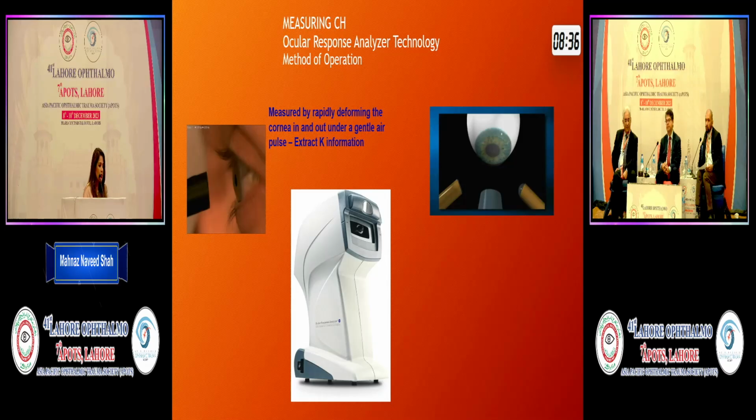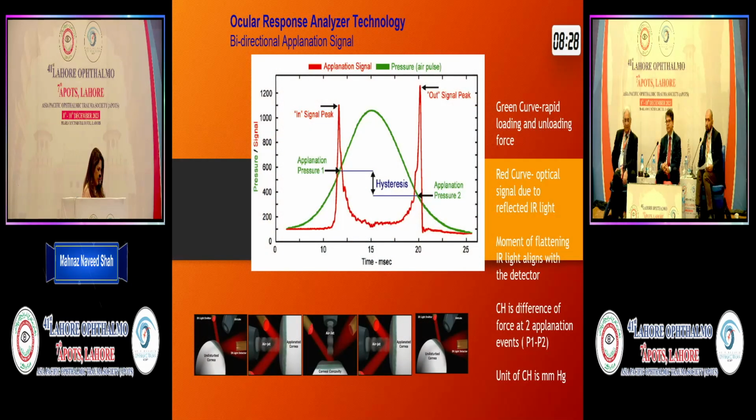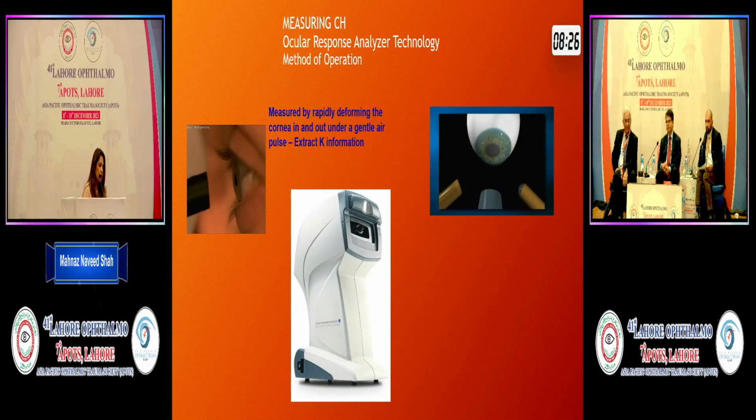It's actually used to generate a measure of the viscoelastic damping ability of the cornea. And what happens is that if you can see on the image on the right, you can see a central probe. That's where the air jet comes around. And then you can actually see the two little infrared detectors. So you can see the image on the extreme left where there's an air puff jet that's going to come inside.